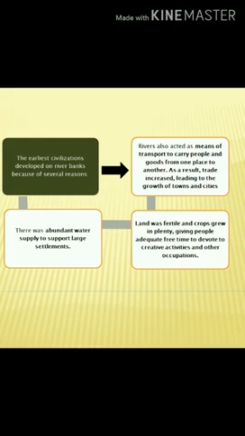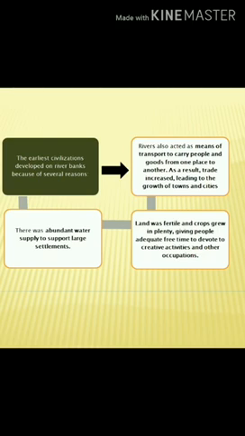The earliest civilizations developed on river banks because of several reasons. That is, rivers acted as means of transport to carry people and goods from one place to another. As a result, trade increased, leading to the growth of towns and cities.